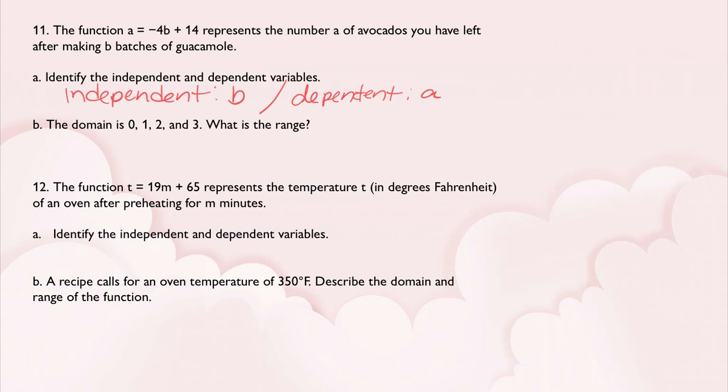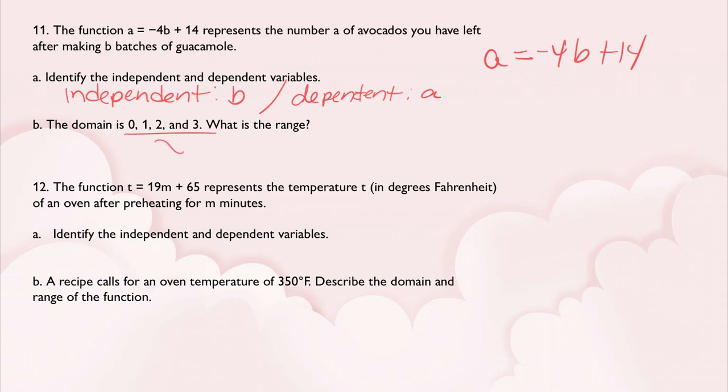Okay, A is my dependent. Now, for B, the domain is 0, 1, 2, and 3. What is the range? What does that mean? You're going to have A equals negative 4B plus 14. What am I going to use with my domain?